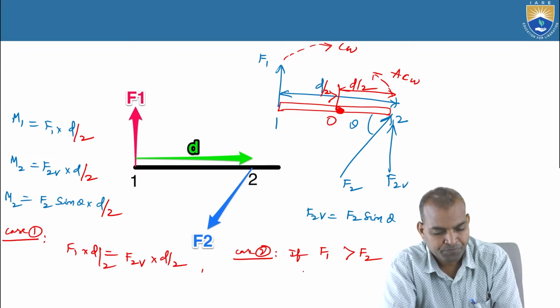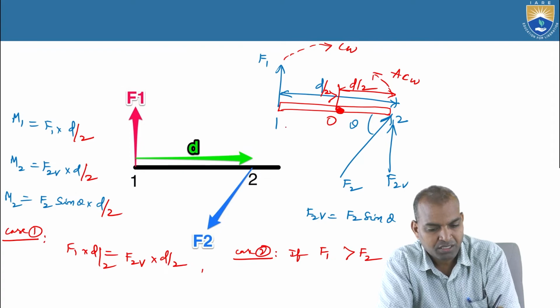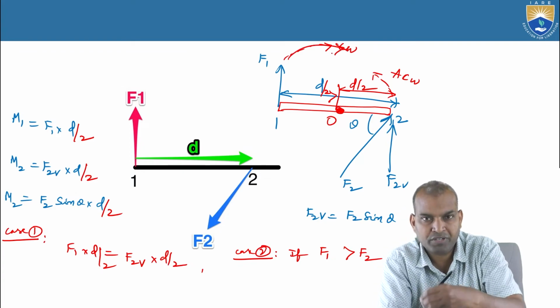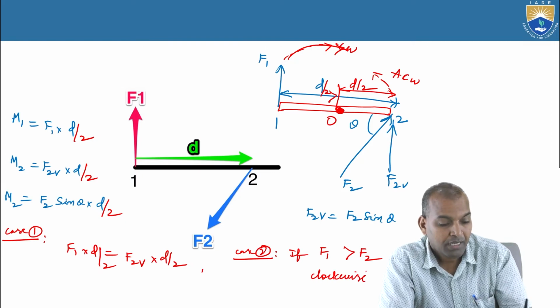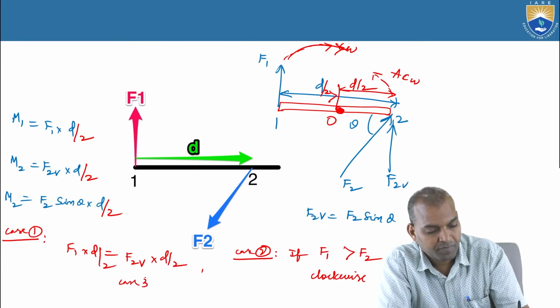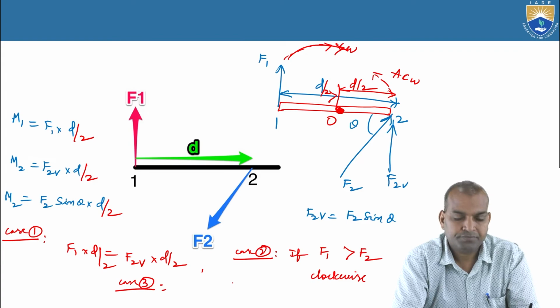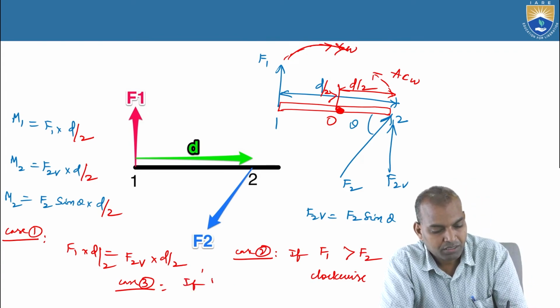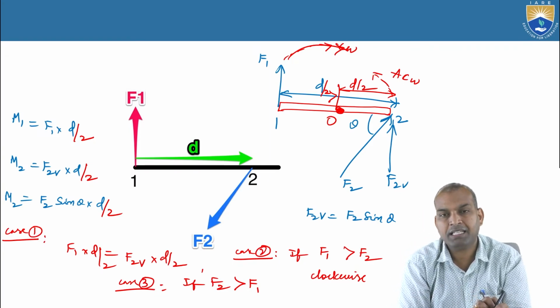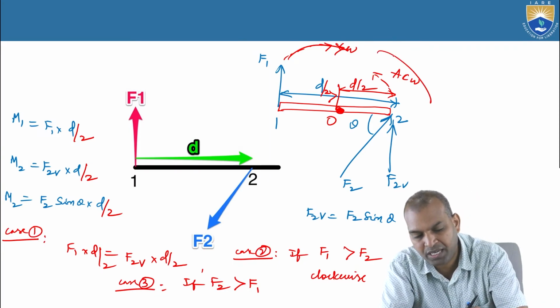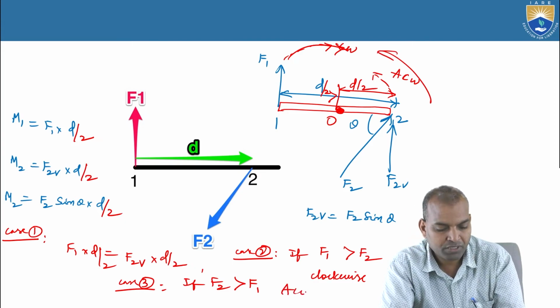The body rotates in this direction, clockwise. And case 3: if F2 is greater than F1, in which direction is the body moving? Anti-clockwise direction.